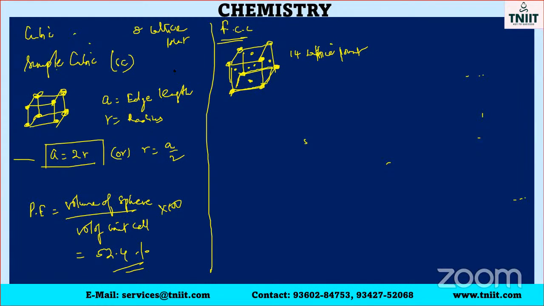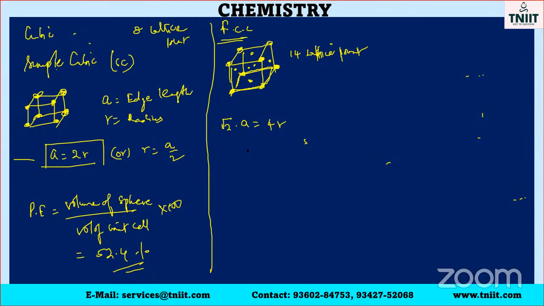Now, what is the relation between radius and edge length? You should remember, a is the edge length and the radius is represented by the letter r. Root 2 a will be equal to 4r. I'm not going to teach you the derivations, only the relations, because of the lack of time.